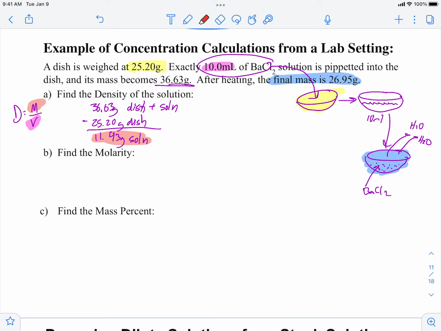So now we can go ahead and plug them in. The density of the solution is 11.43 grams per 10 milliliters. So in other words, 1.143 grams per milliliter. How come the density of a solution is greater than the density of water? The density of water is 1 gram per milliliter. Why is this more?